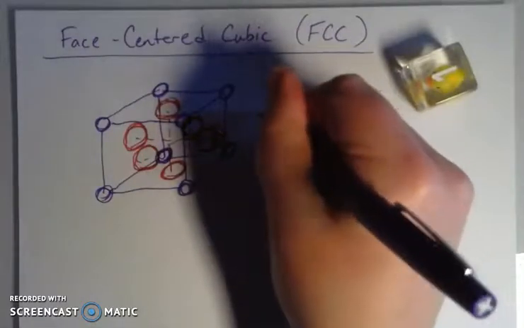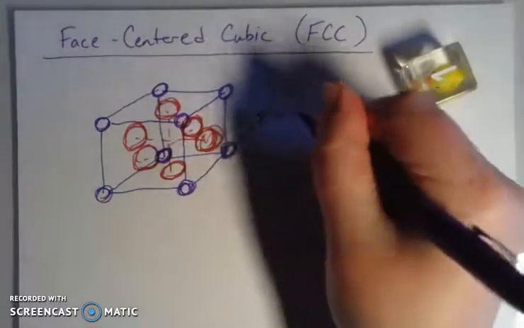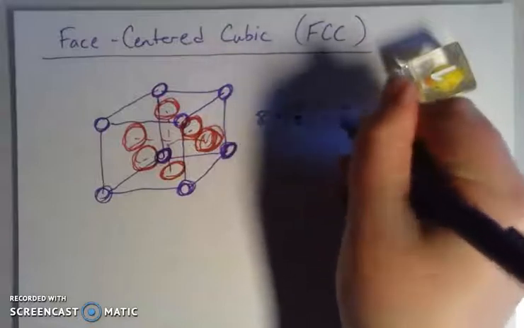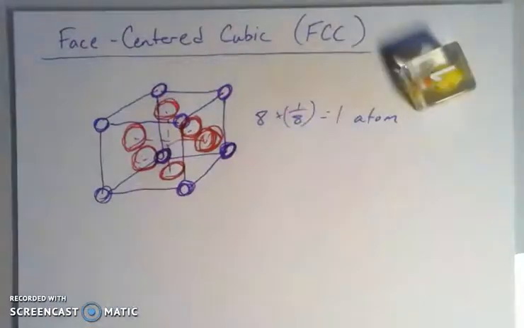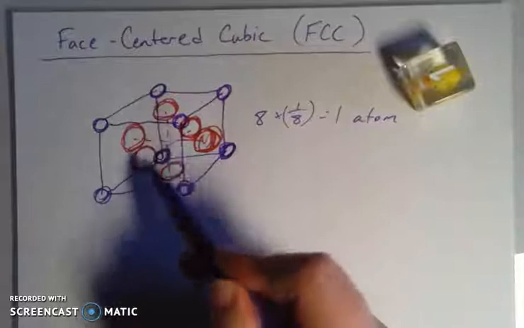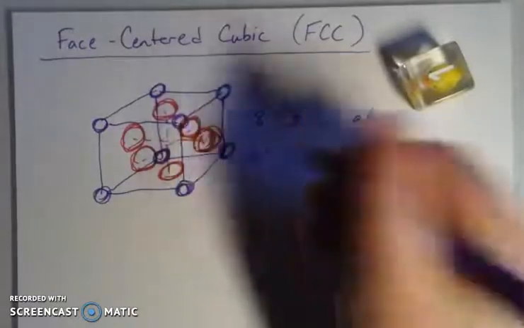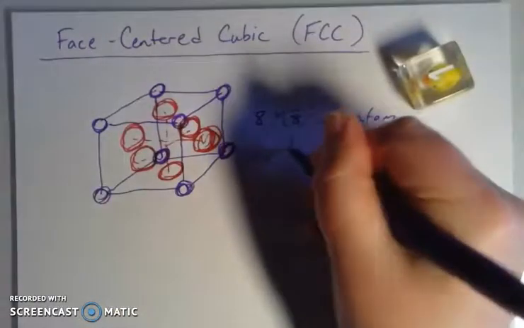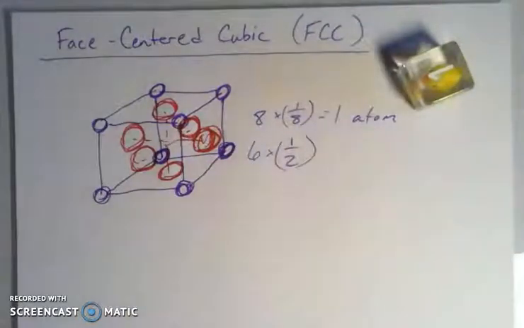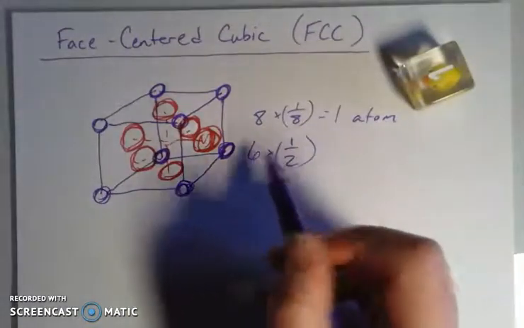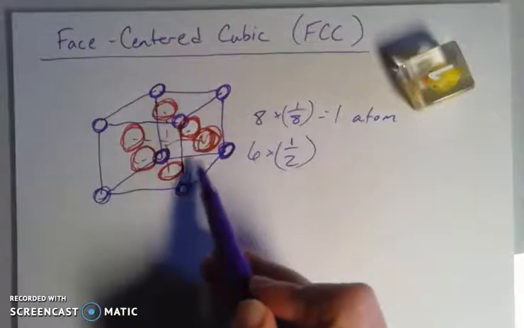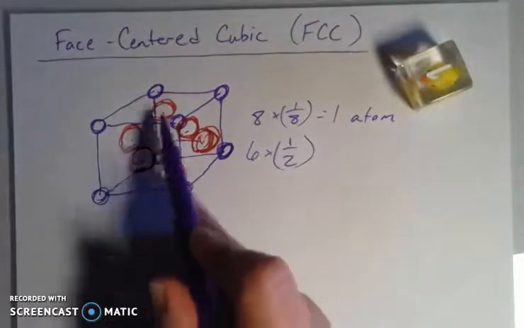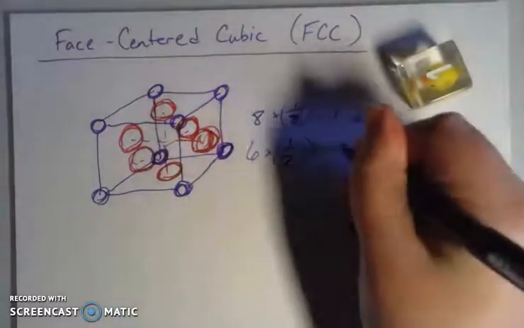So we have 8 atoms on the corners, and each one of them is 1/8 of an atom. That gives me the 1 atom from the corners. Now I have 1, 2, 3, 4, 5, 6 faces, and each of the faces is shared by 2 of these unit cells. So I have half of an atom here, half here, half here, half here, half here, half here, and that gives me 3 atoms total.